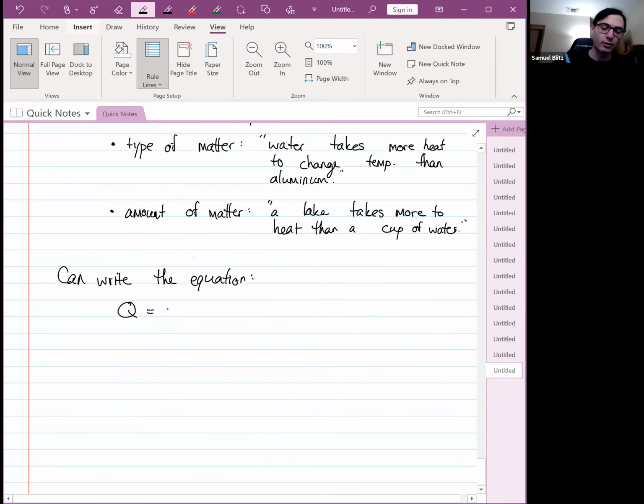In this case, one way that we can write it is Q = mc delta T. Here m is mass, and this c, oh boy, this is mass specific heat. So it's the specific heat associated with mass.